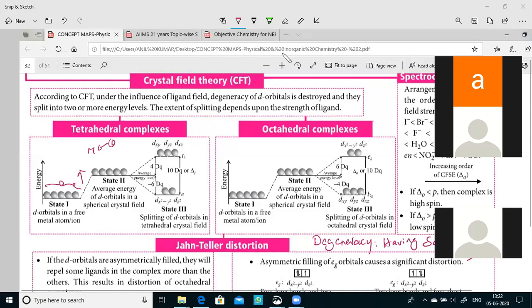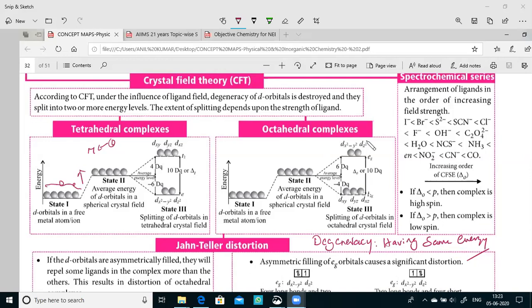Is the screen visible or not? Now it is visible, right? Okay, fine.